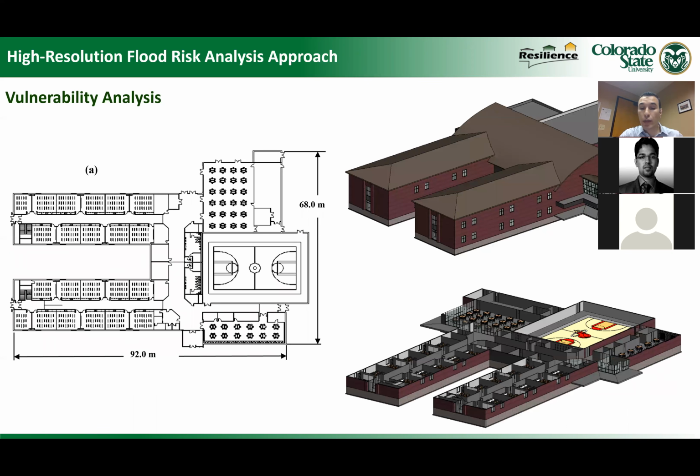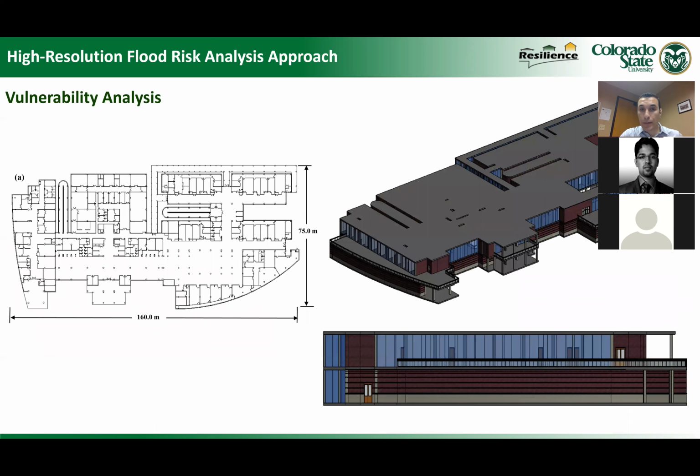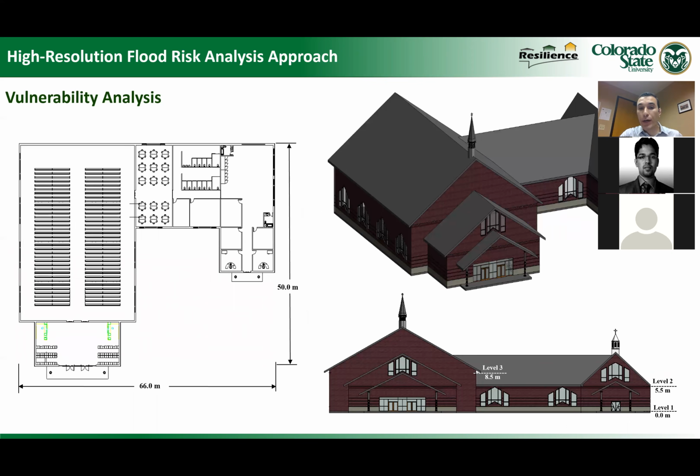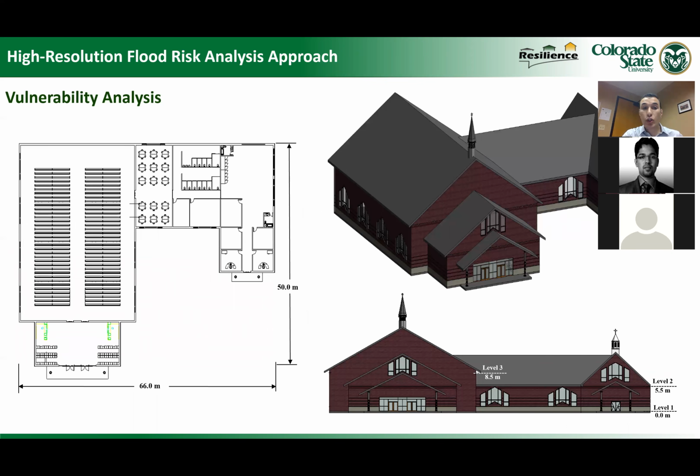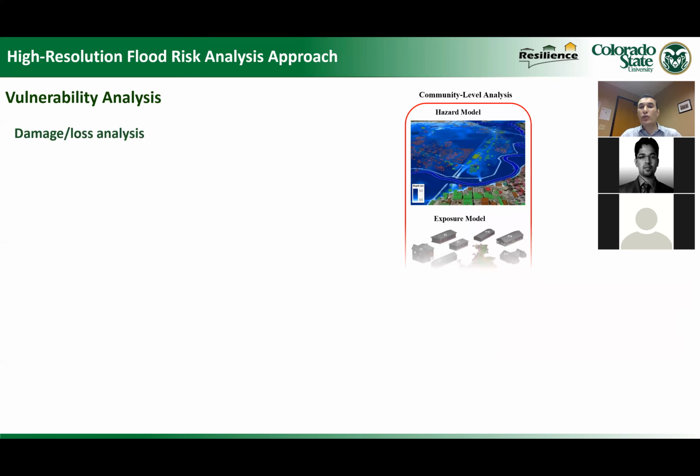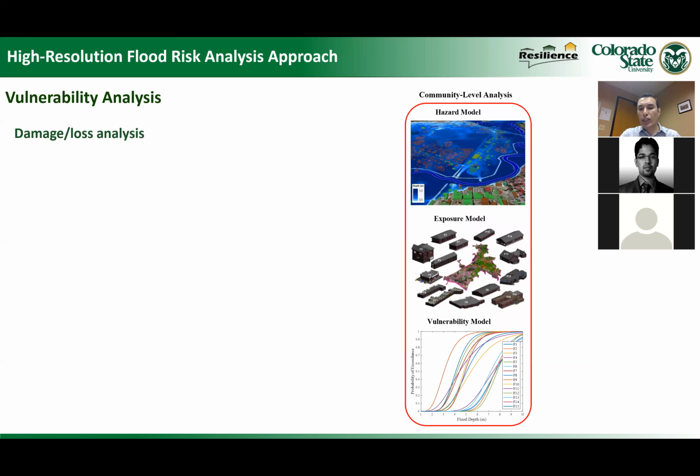We have a 1-story and 2-story school, hospital, and community center. This is actually some of the archetypes, but we did it for all the 15 building archetypes. Afterwards, we overlaid the hazard map over the community model to identify the exposed buildings.